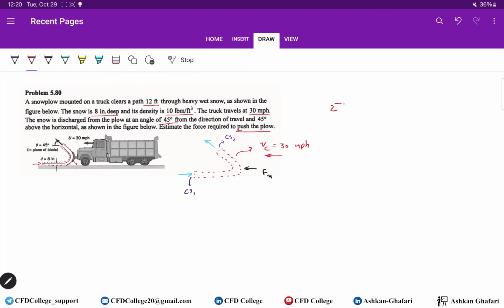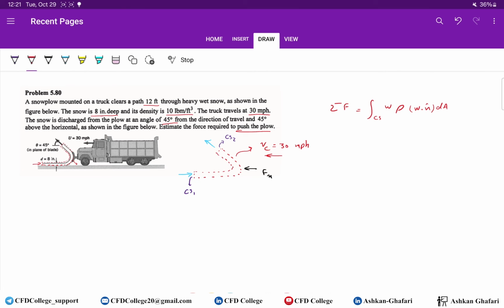The summation of forces equals the integral of W rho W dot n dA. W is relative velocity. Remember that we are working in the steady state condition.